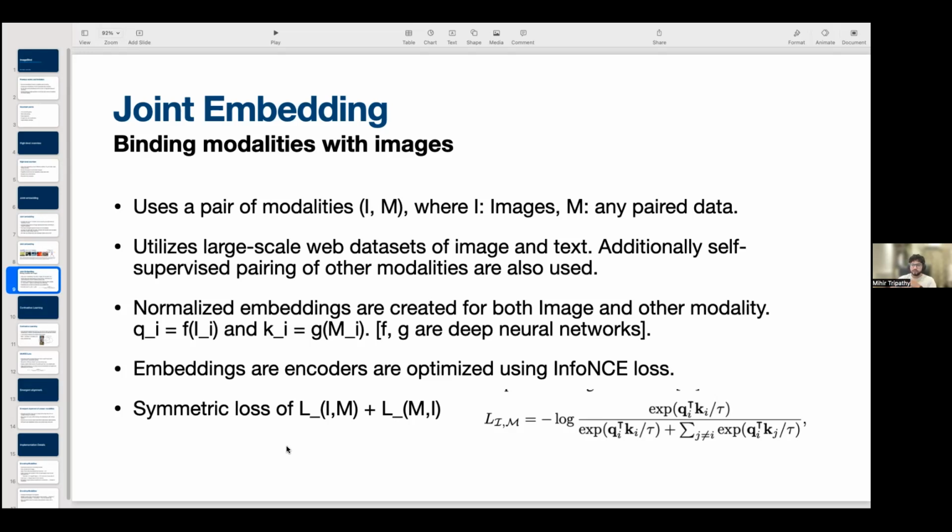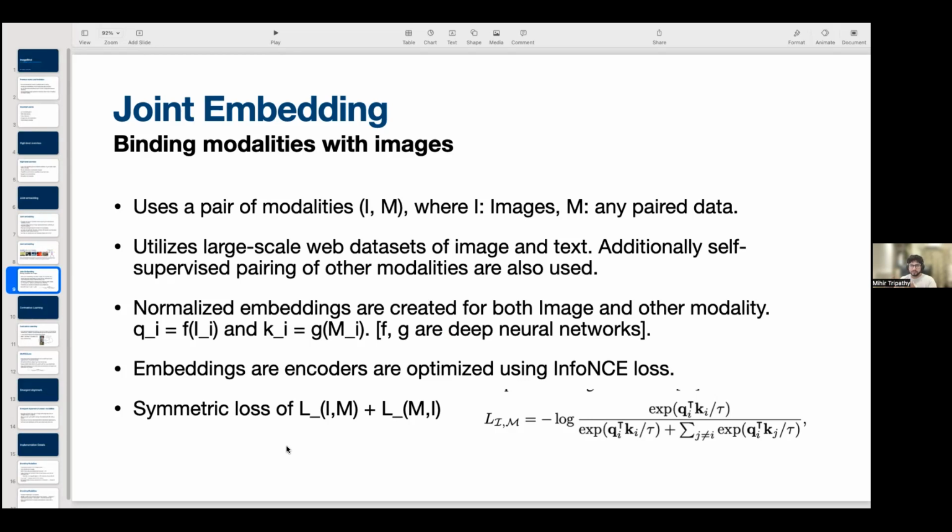So let's say Q of I, where I represents the number of data. So if there are I images, then Qi represents the embeddings of I images, and K of I represents the embeddings of other modalities. Now this could be anything, could be text, could be thermal, could be IMU, could be anything.